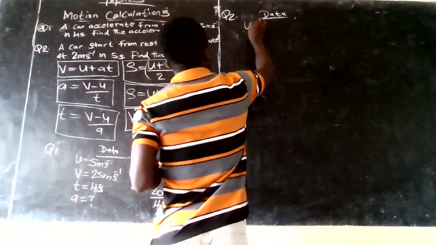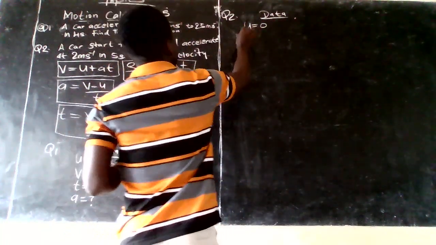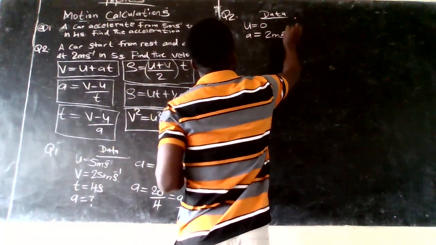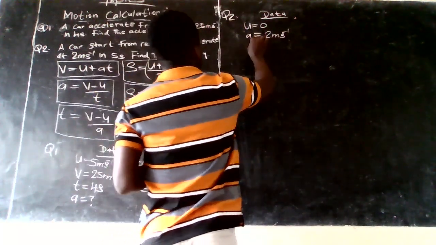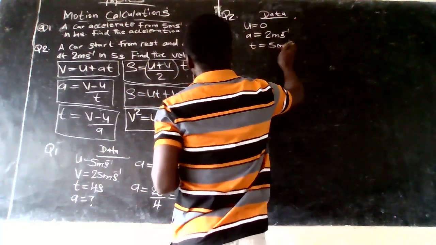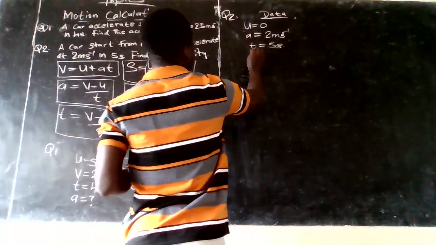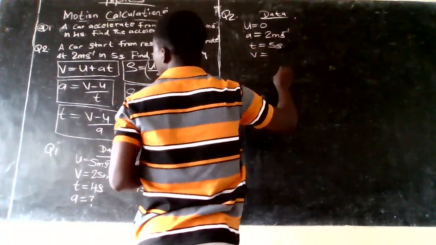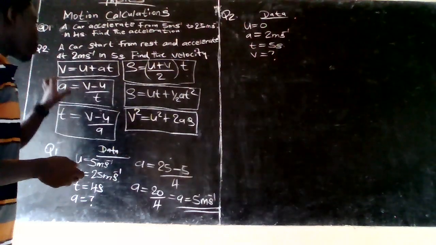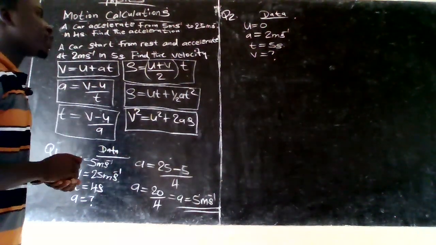U here equals 0. A equals 2 meters per second squared, and the time equals 5 seconds. We are asked to find the velocity v, which we don't know. So we are going to use this formula, v equals u plus at.